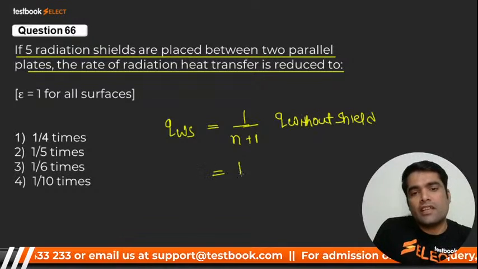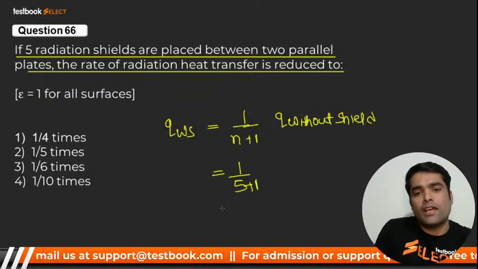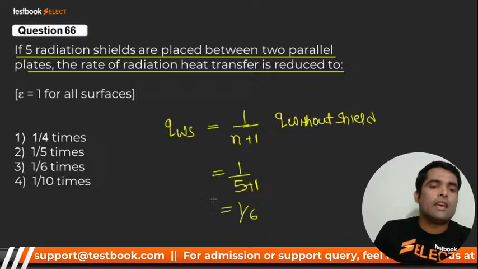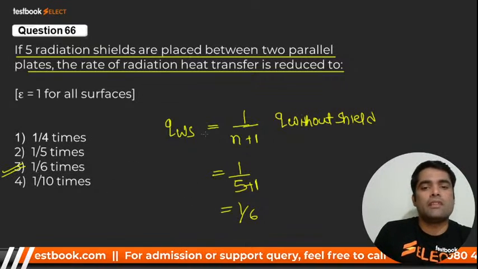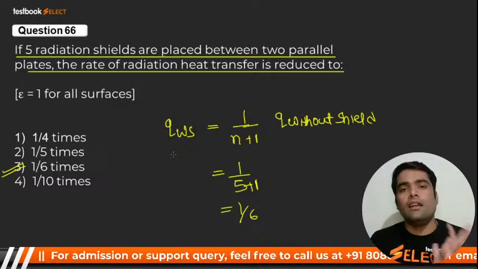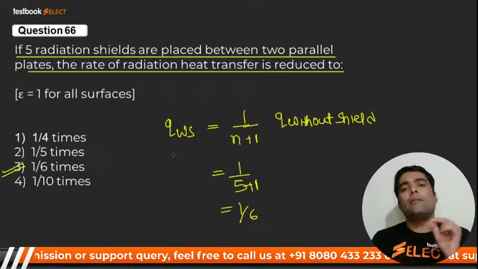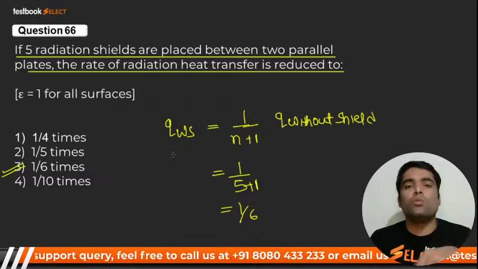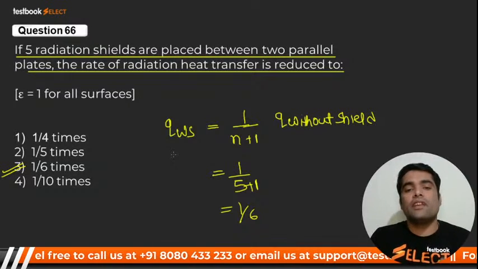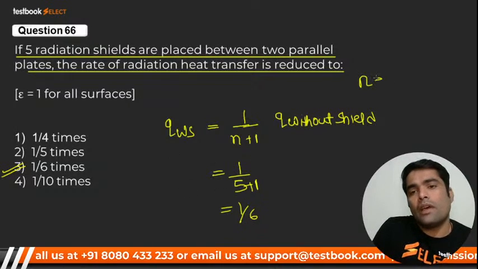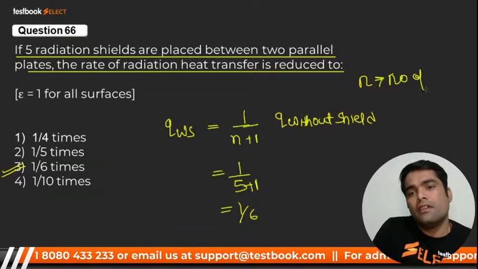Here the number of shields is 5. 5 plus 1 is 6, so it becomes 1 by 6th. Remember this formula: Q with shield is equal to 1 upon n plus 1 multiplied by Q without shield, where n is the number of shields.